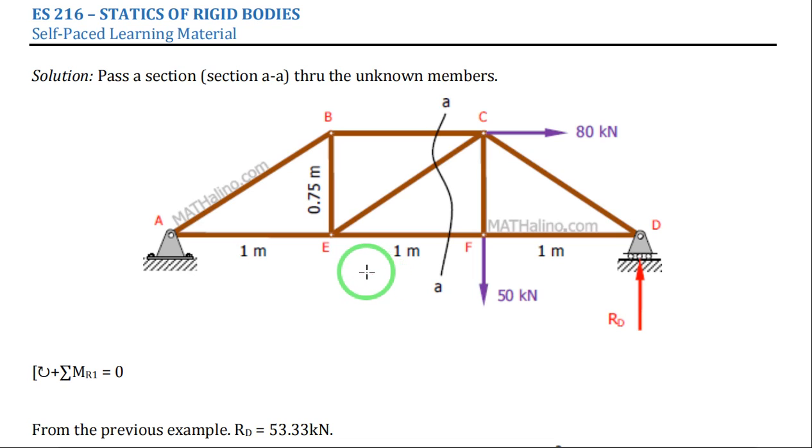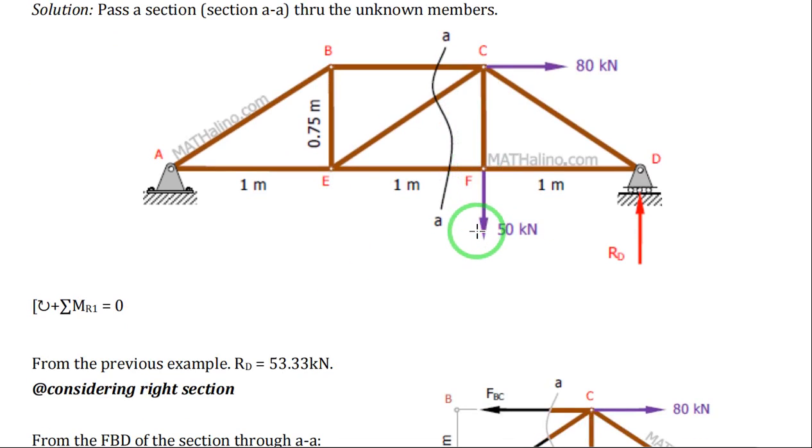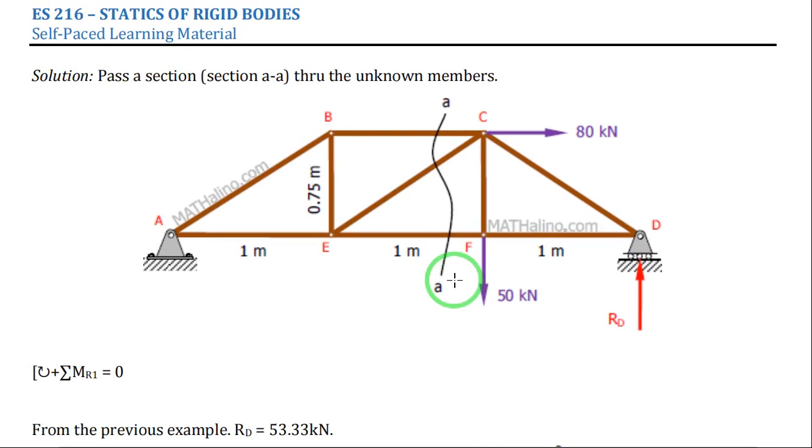To solve for the forces in members BC, CE, and EF, we have to pass a section through those members, which we call section AA, passing through the unknown members. By doing that, we expose the internal forces acting on those members. You can assume that those forces are in compression or in tension, whichever assumption you are comfortable with.